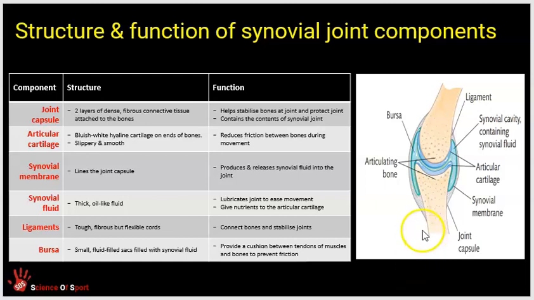So if you've got a tendon running over a joint, there might be a bursa between the tendon and the bone underneath to give it some extra cushion, to prevent it wearing and rubbing when you move your joint and the tendon is moving, and prevent friction. So bursa, think of them as little sacs of synovial fluid that will be found in joints in very specific locations to prevent friction.